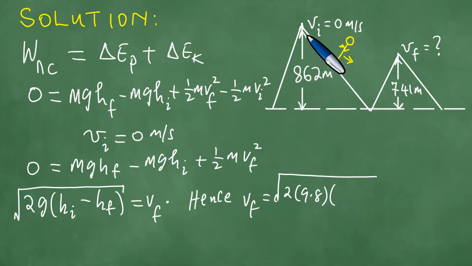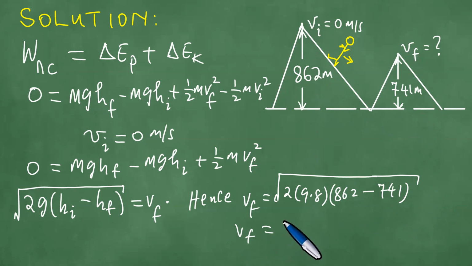Obviously it's going to be skiing down, so the initial height is 862 meters minus the final height, which is 741, like so, and which means that the final velocity is actually 48.70 meters per second.